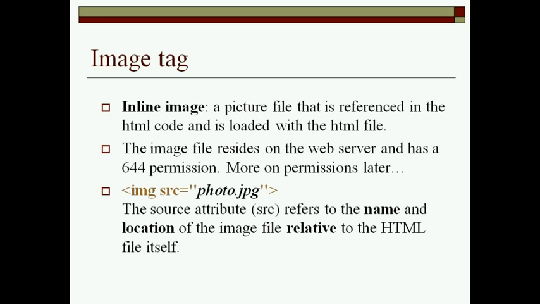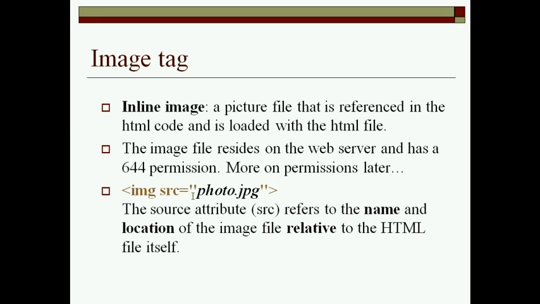The image tag is this one, img, and it has an attribute src, standing for source, that specifies which computer file contains that image. In this particular case, there is a file called photo.jpg, and it is located in the same directory as the file that the browser is currently trying to display.